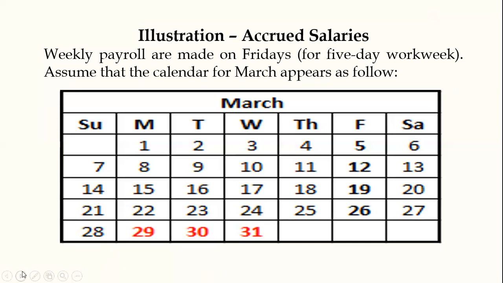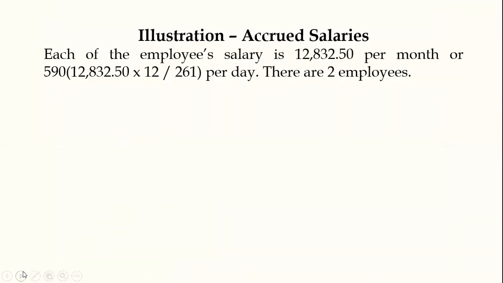So let's compute. Assume that each employee's salary is 12,832.50 per month or 590 per day. No, 590 daw per day ang sweldo ng mga empleyado. And then there are 2 employees for that company.